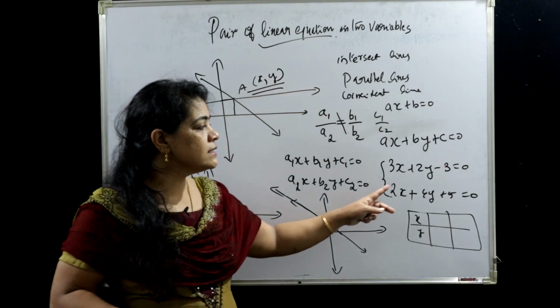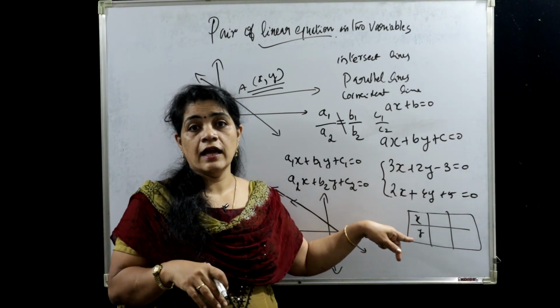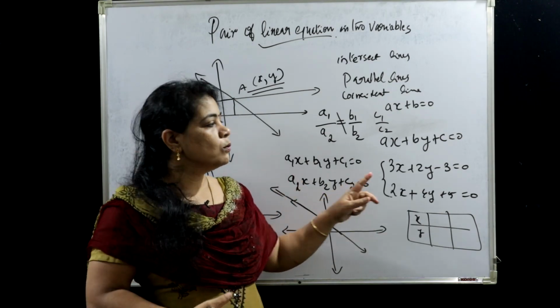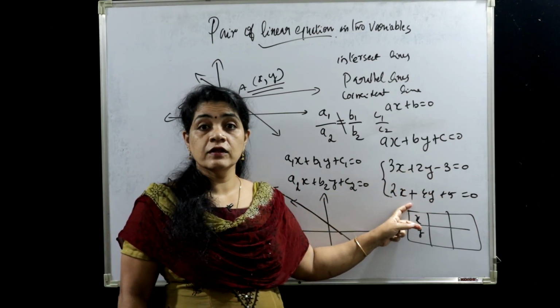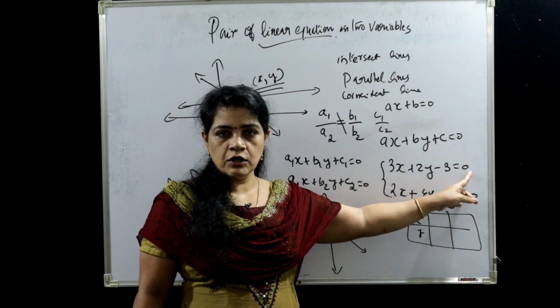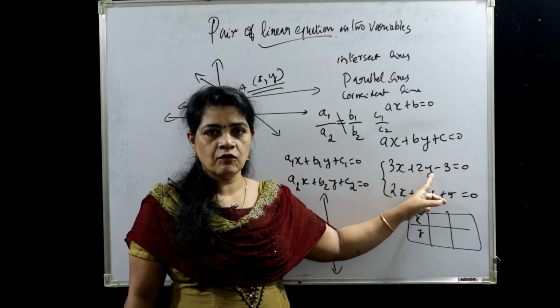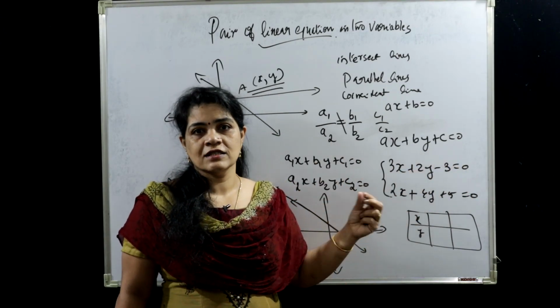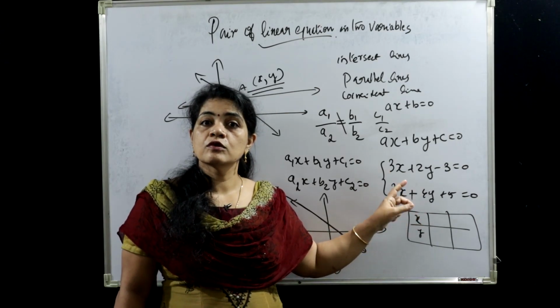Hence you can get the solution for x and y. If your plotting is correct, both equations will be satisfied by that x and y. That means you can make this LHS equal to 0 by substituting the values of x and y, and for the same values of x and y, the second equation is also satisfied.